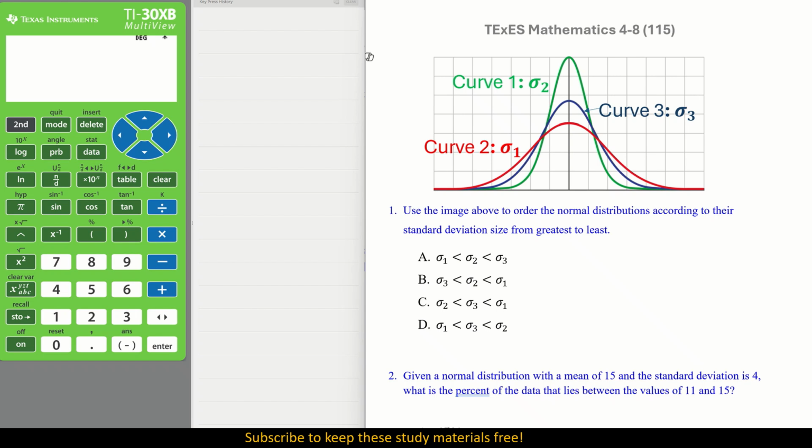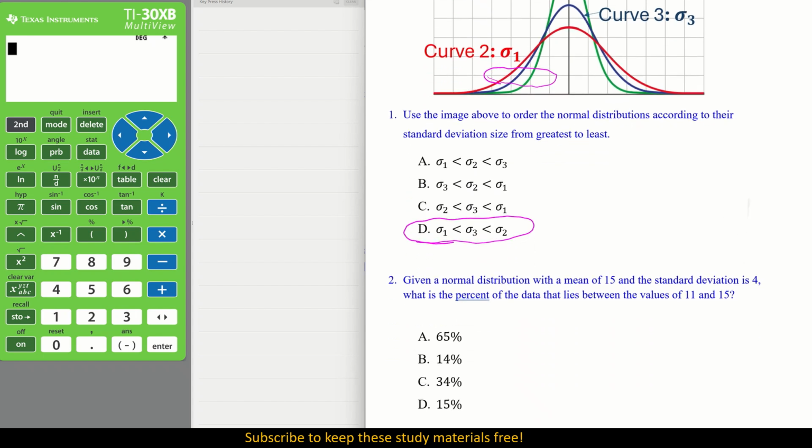What we want to do is look at this little zone right here. That's the correct order, because the greater the value of your sigma, the flatter the curve will be. So in that zone, from greatest to least, we have red, blue, and green. That is sigma 1, sigma 3, and sigma 2, which is option D.